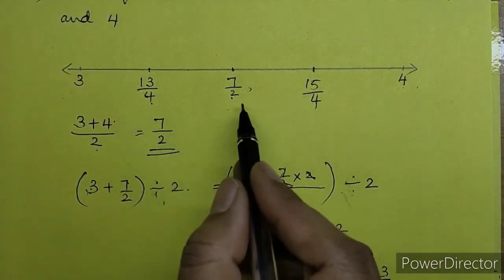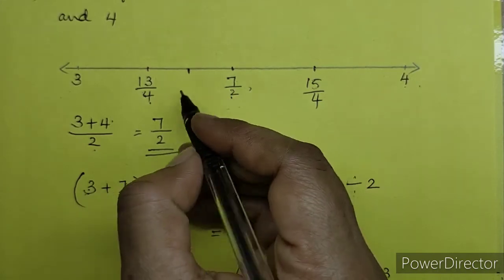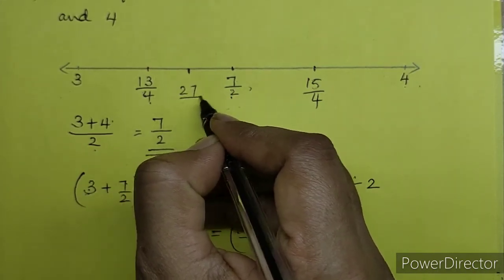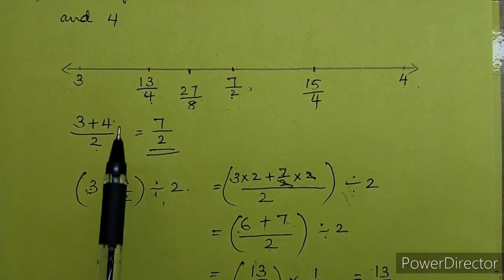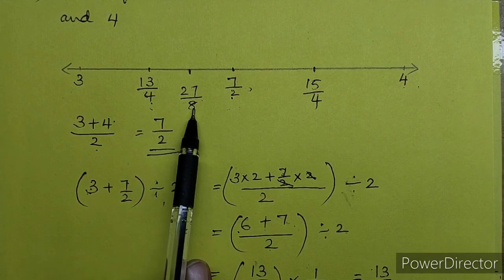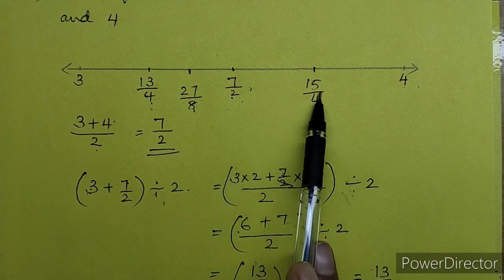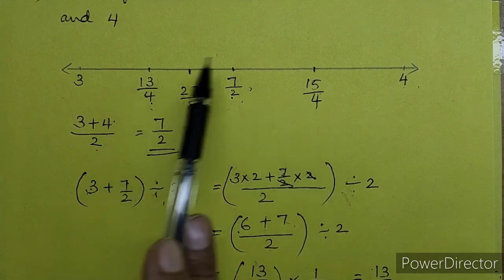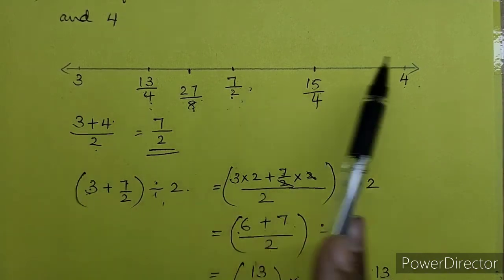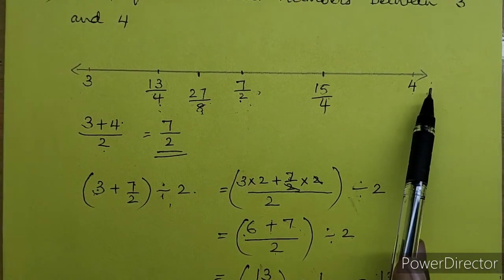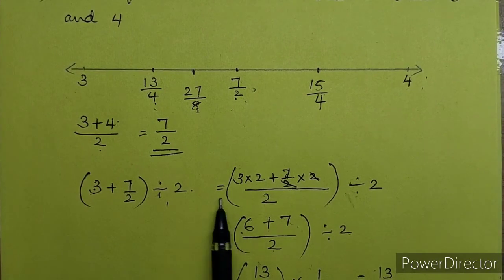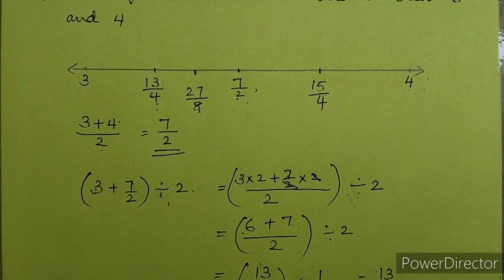In between 13 by 4 and 7 by 2, you can represent 27 by 8. So 13 by 4, 27 by 8, 7 by 2 and 15 by 4 are 4 rational numbers in between 3 and 4. Similarly, you can find infinite number of rational numbers in between any two given numbers.